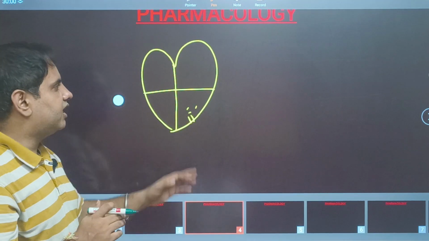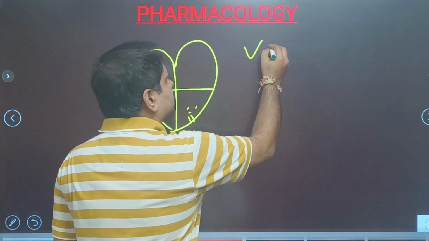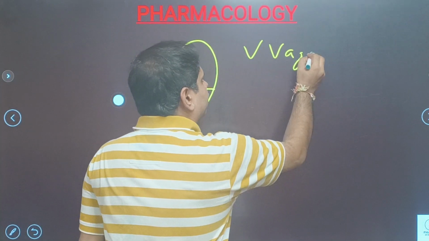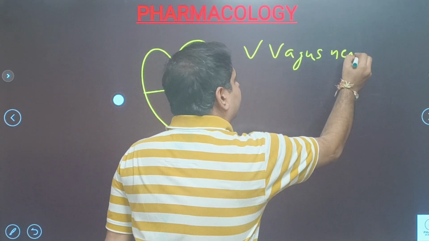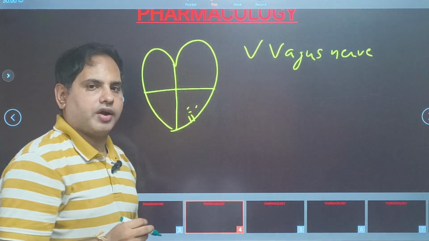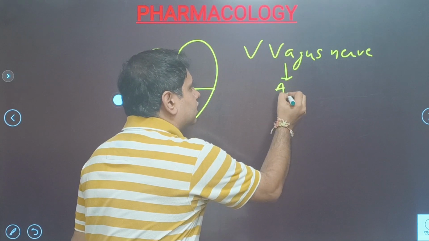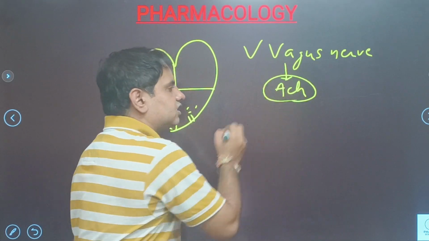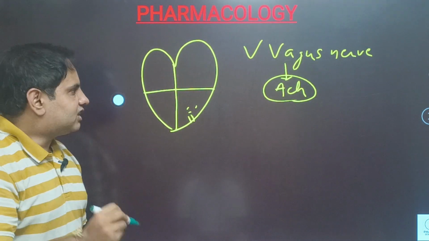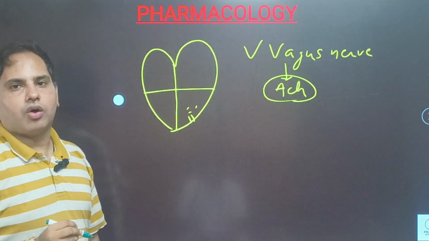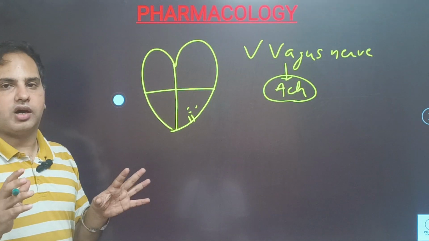Indirect action, as I said, is that it is going to activate your vagus nerve, and whenever the vagus nerve is stimulated in the body, there is a release of acetylcholine, the major neurotransmitter of the parasympathetic system. The released acetylcholine has receptors on the heart, but not all over the heart.